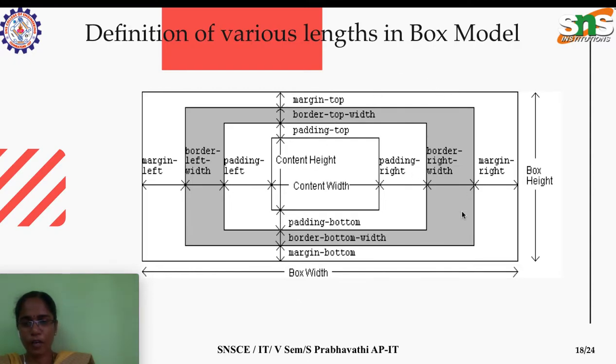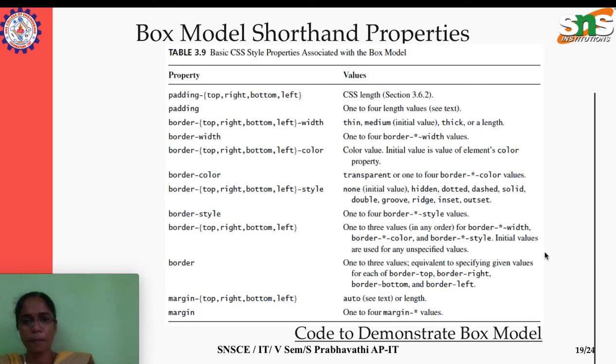Overall, everything together is the box width and box height. Now, how do we include it in our CSS? We can make changes in these spaces using these properties. Simply you can go for padding: padding 20 means all four sides, top and bottom, left and right, take 20 pixels, or individually we can give padding-top one value, and padding-right, padding-bottom, padding-left different values.